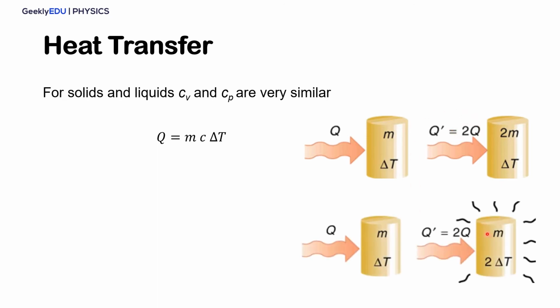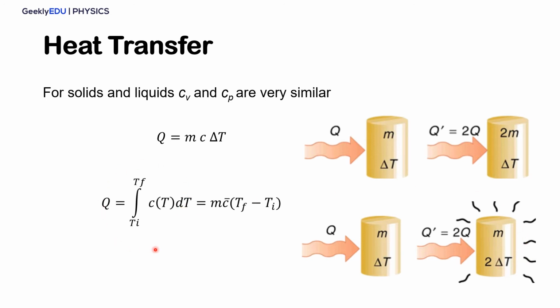And if we double the difference in temperature, we're also doubling the amount of heat transfer. Just keep in mind, we're doubling the difference in temperature, not the temperature itself. So it's the difference between the initial state and the final state.